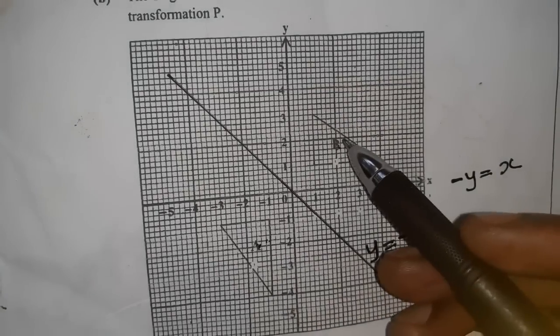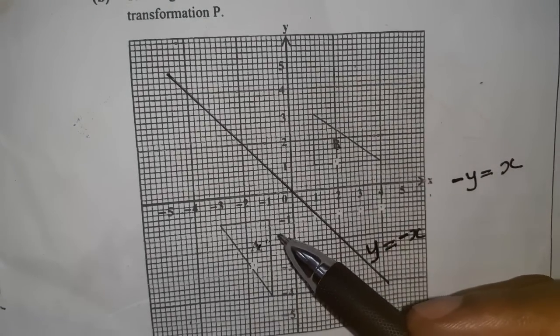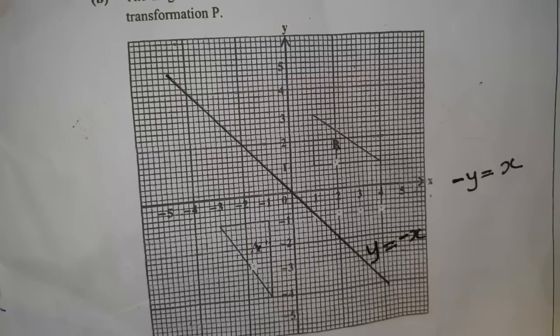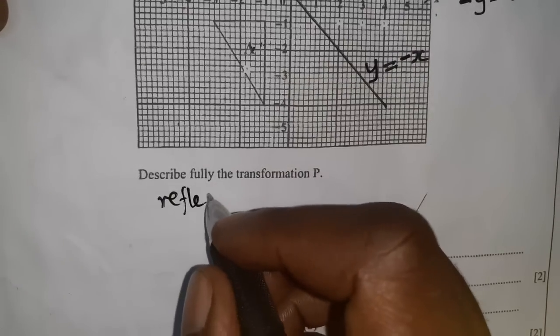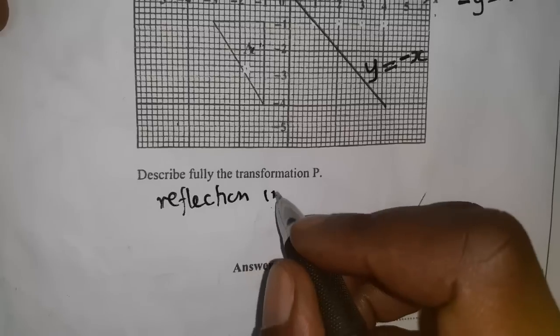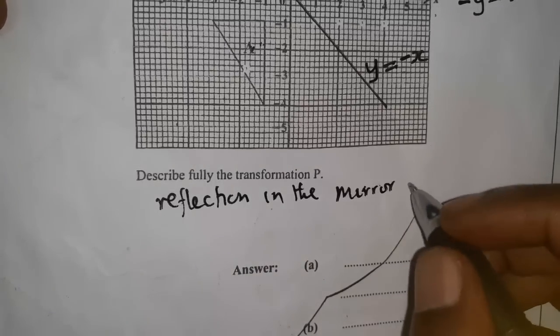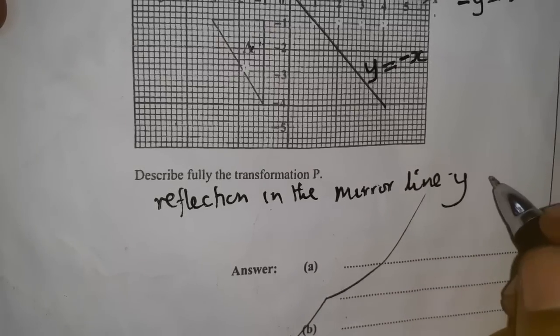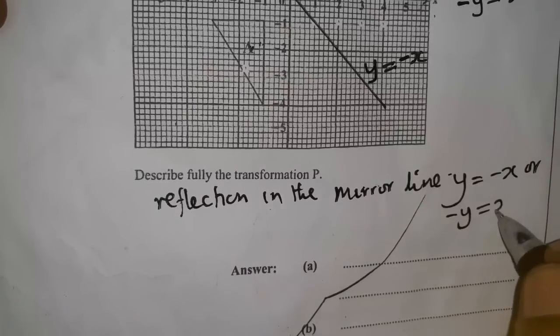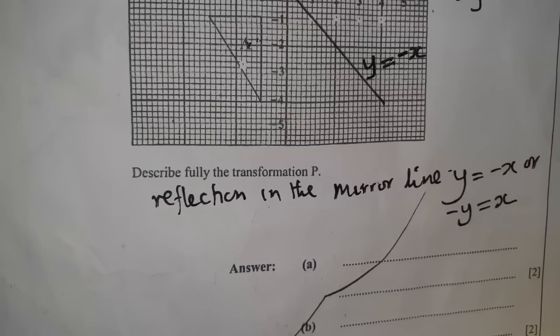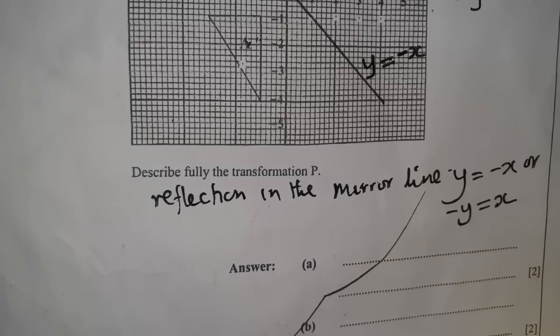This one is a reflection of A on this mirror line. So to describe here on the description part, what can we write? It's a reflection. The transformation is a reflection in the mirror line y is equals to negative x, or you can say negative y is equals to x. That is what we are going to have here. I hope this is very clear.